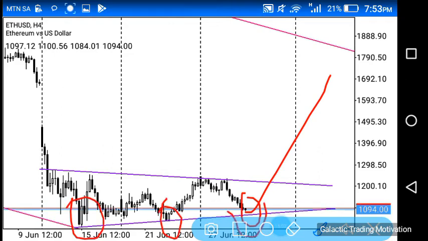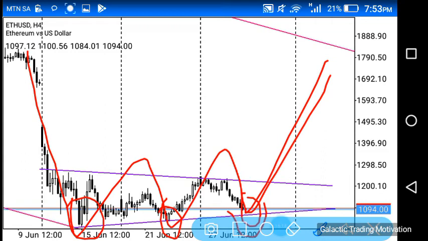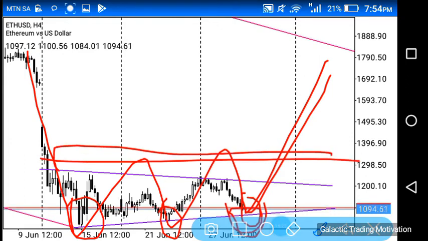And to add to that, we also have this formation forming, right? So that'll be confluence in the minds of many people, and they will be looking to buy at this region. Others are going to wait for the neckline of this W structure or inverted head and shoulders pattern to be broken, and they will be buying at this point, and their first take profit would be this point over here, right?